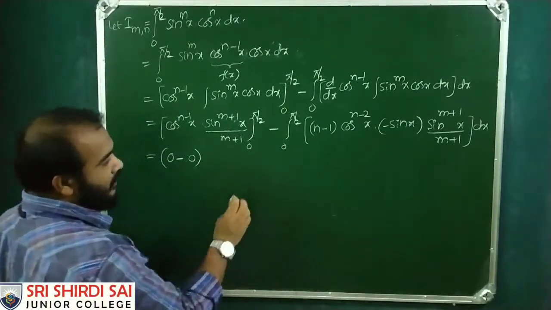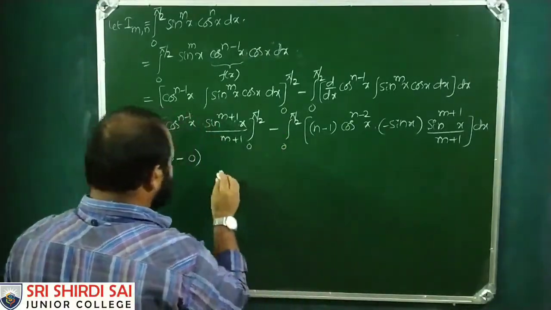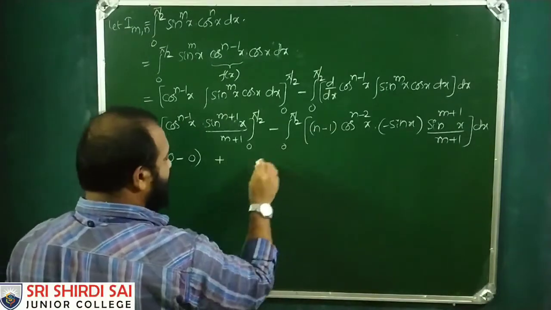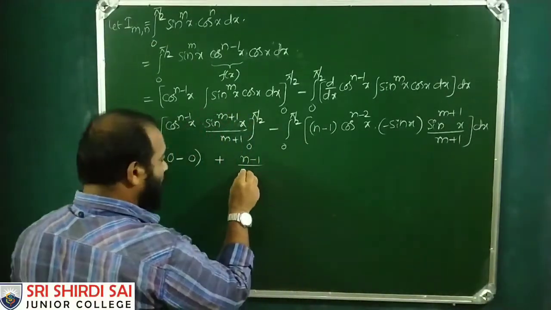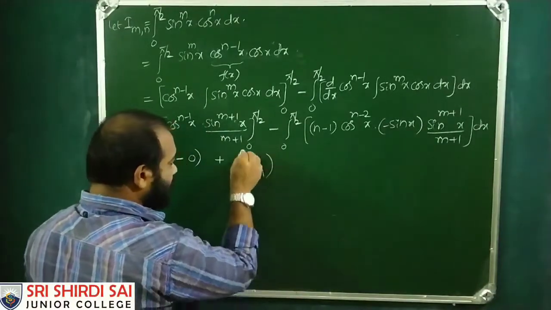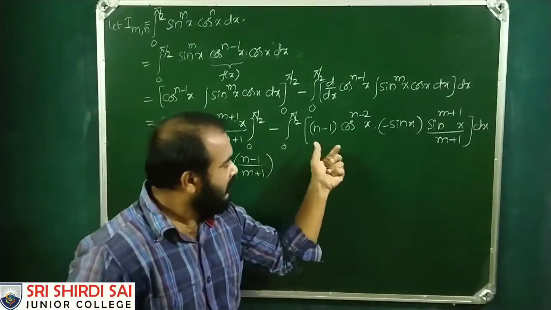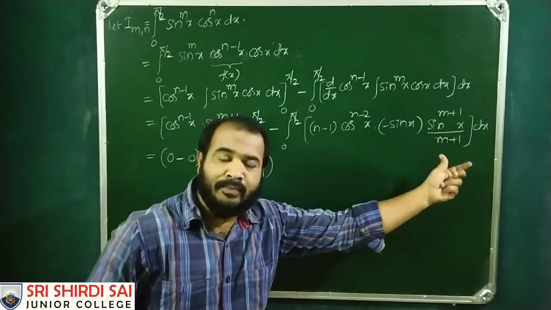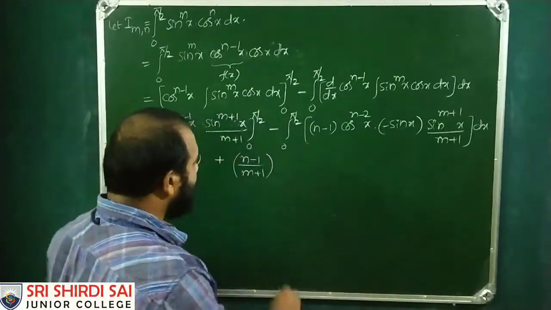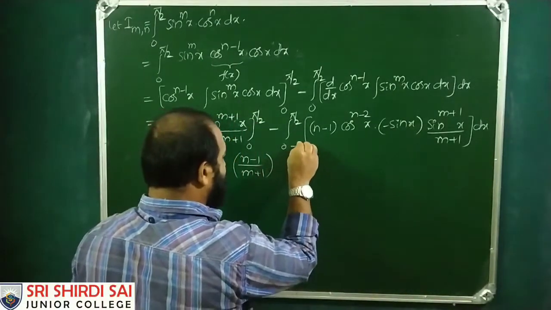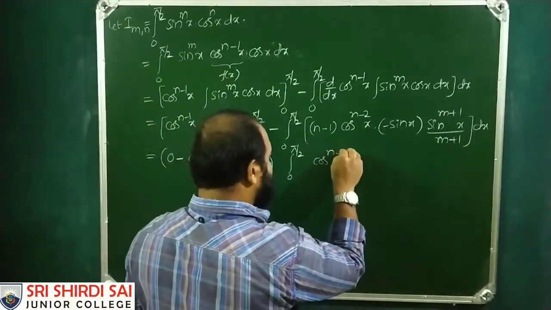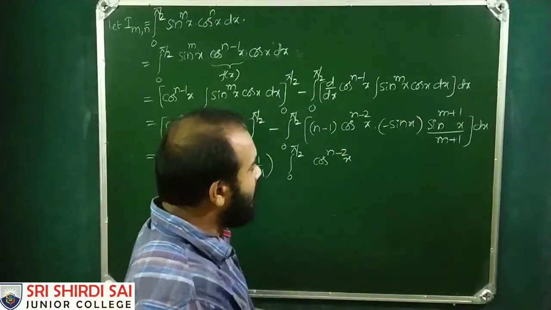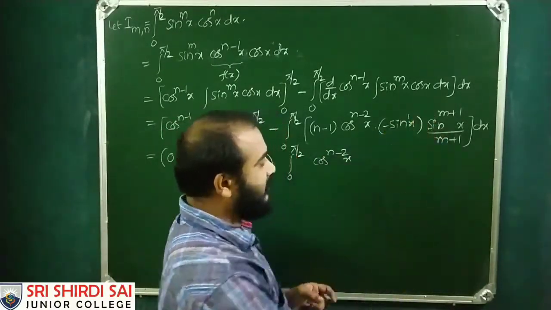Okay, and minus into minus is plus. N minus 1 is a constant, m plus 1 is a constant. I am separating this as well as this from the process of integration. Integral 0 to pi by 2 cos power n minus 2 x, so this is sin power 1 x.